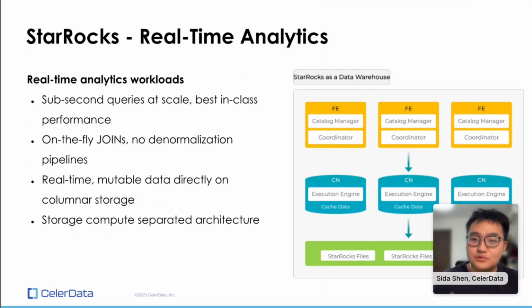And also, the optimized storage engine supports real-time mutable data directly on your columnar storage without sacrificing query performance, right? And it features a storage-compute separated architecture, basically meaning all of the data is persisted in a cloud object storage, and the CNs, compute nodes, have a copy or multiple copies of the data cached in the CNs, right, for serving, for better performance. And this is really great for scaling.